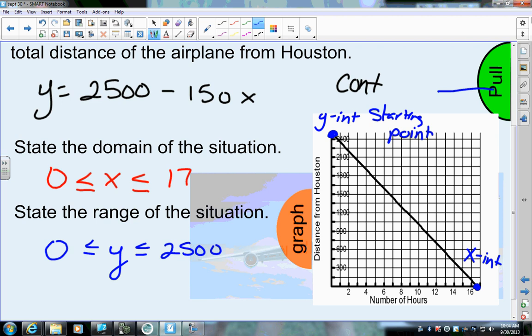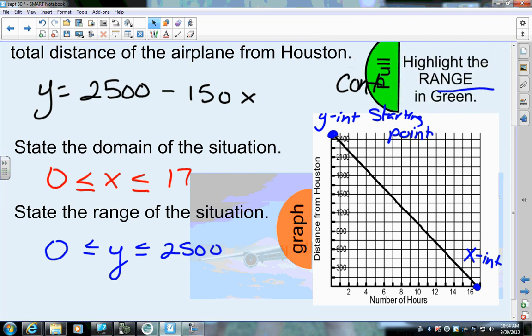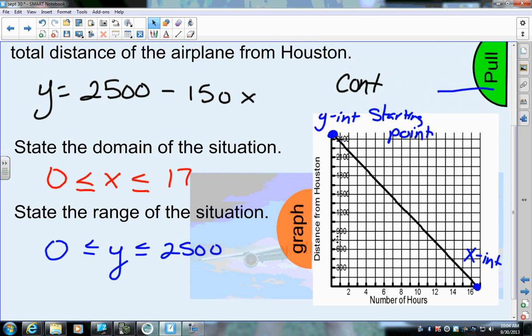So again, if I went to highlight and look at my domain and range, my domain is down here. It's these numbers from 0 out to about 16 point something. My range is from 0 up to 2,500.